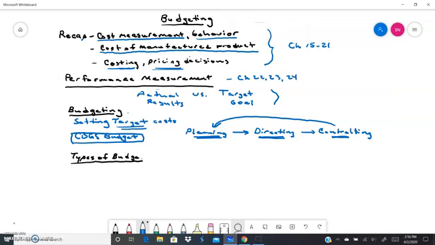So, types of budgets. Usually, budgets are done monthly. And the reason for that is because we want to know how things are going, and we want to have that information on a timely basis so that we can make adjustments to our business before things get out of hand, or so that we can do them on a timely basis.